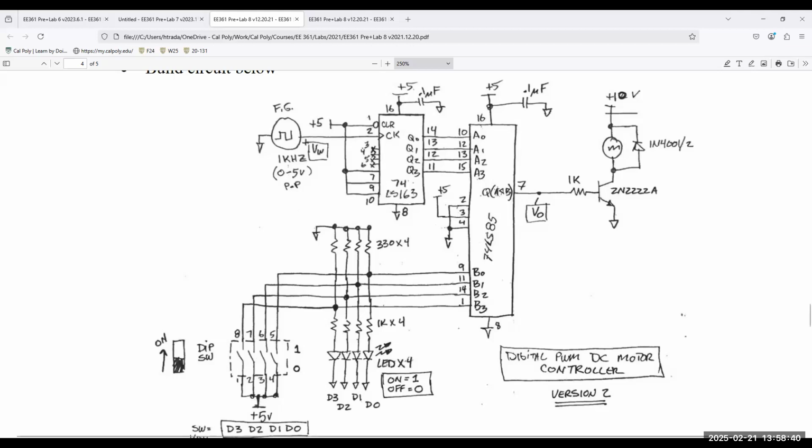So the output, you see this transistor that's used as a motor driver. When you change the width of the pulse, the amount of time the transistor is on or off changes. And that changes how much voltage is being sent to the motor, or how much it's being turned on and off. Okay. And so the speed of the motor now changes. And that's pulse width modulation.